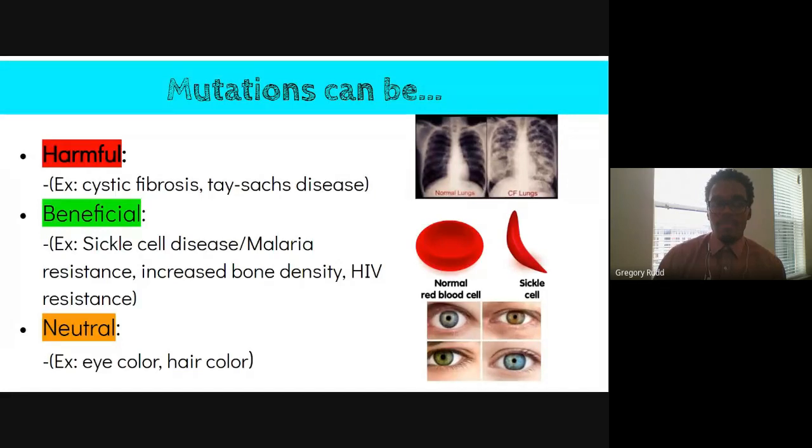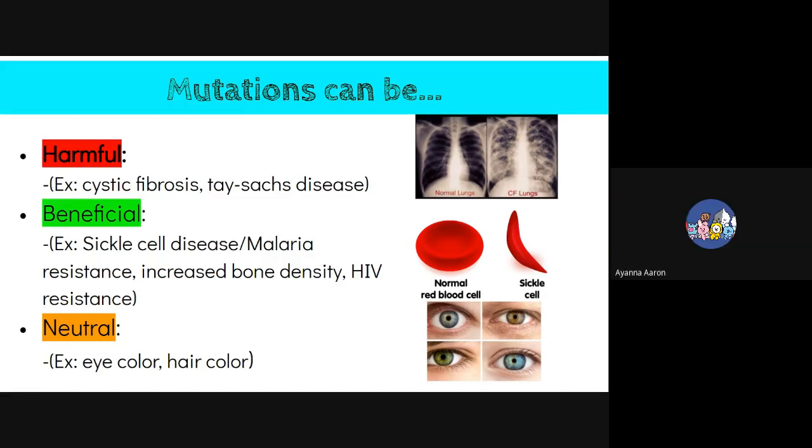If we think about where malaria originated in Western Africa, this is a reason why Black people have a higher incidence of sickle cell, because Black people's ancestors were more likely to pass on the sickle cell trait because it made them resistant to malaria, which was a big problem where they lived.